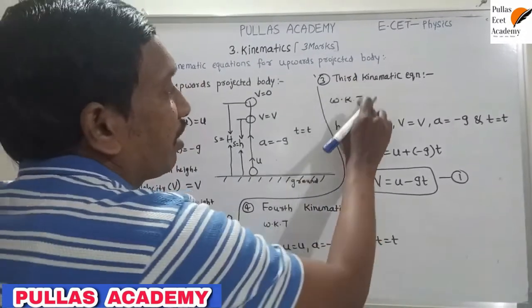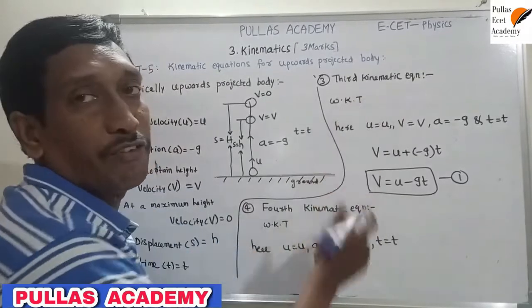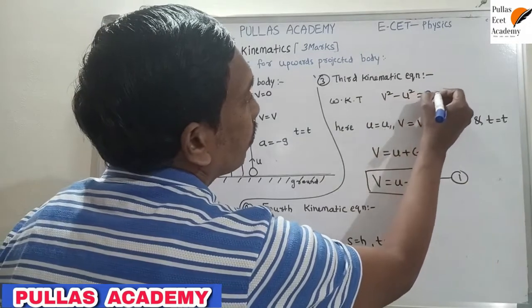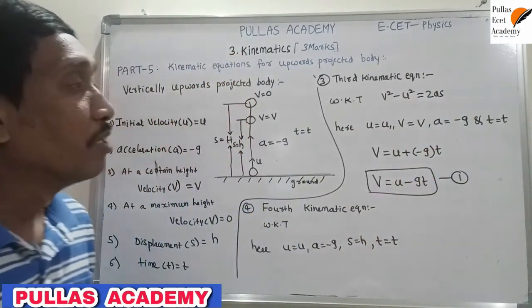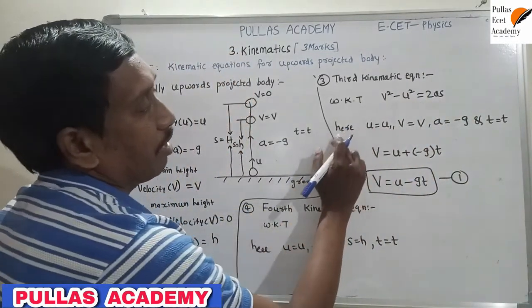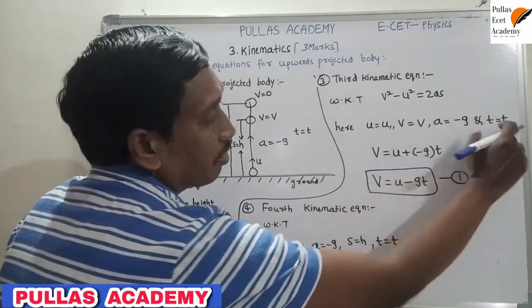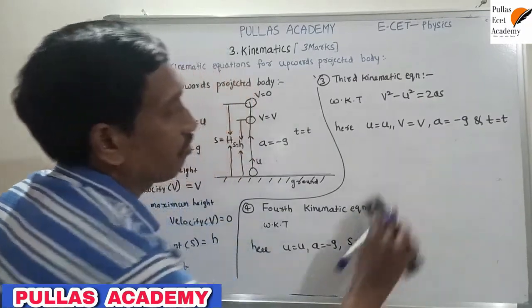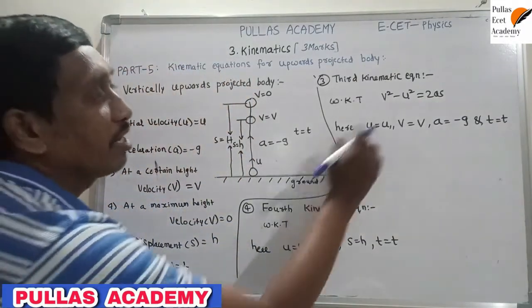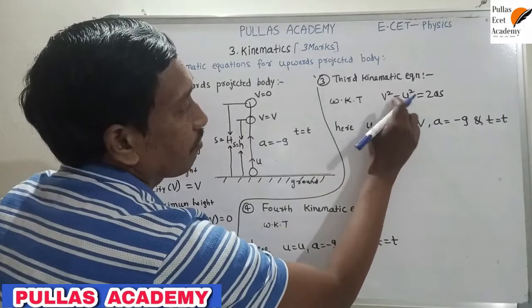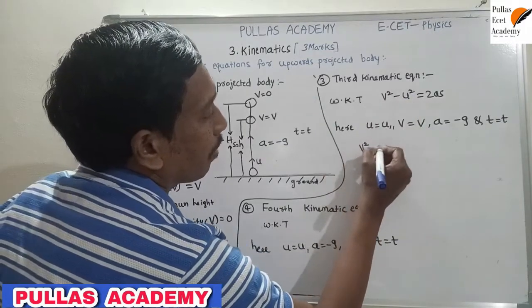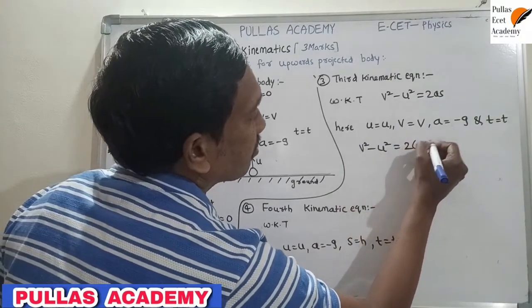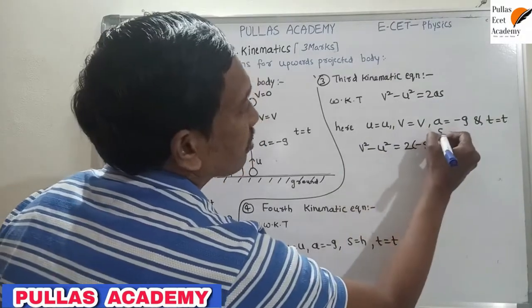The third kinematic equation, which we already know for a uniformly accelerated body, is v square minus u square is equal to 2as. Here also, for an upwards projected body, these are the parameters we have already discussed. Now substitute in the formula: v square minus u square is equal to 2 into, instead of a, minus g, and instead of s, the displacement.